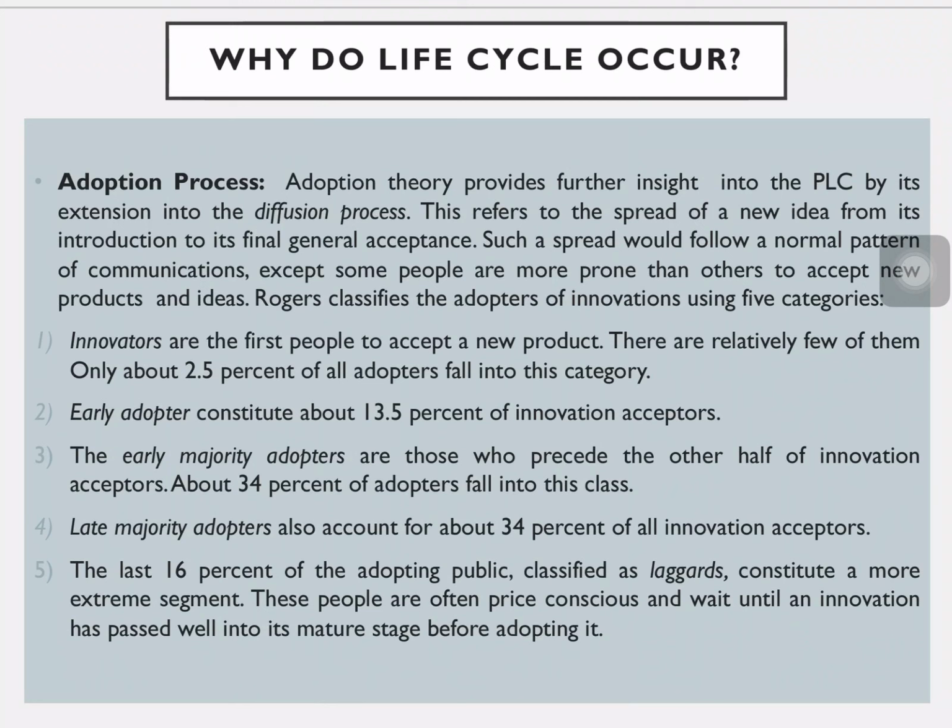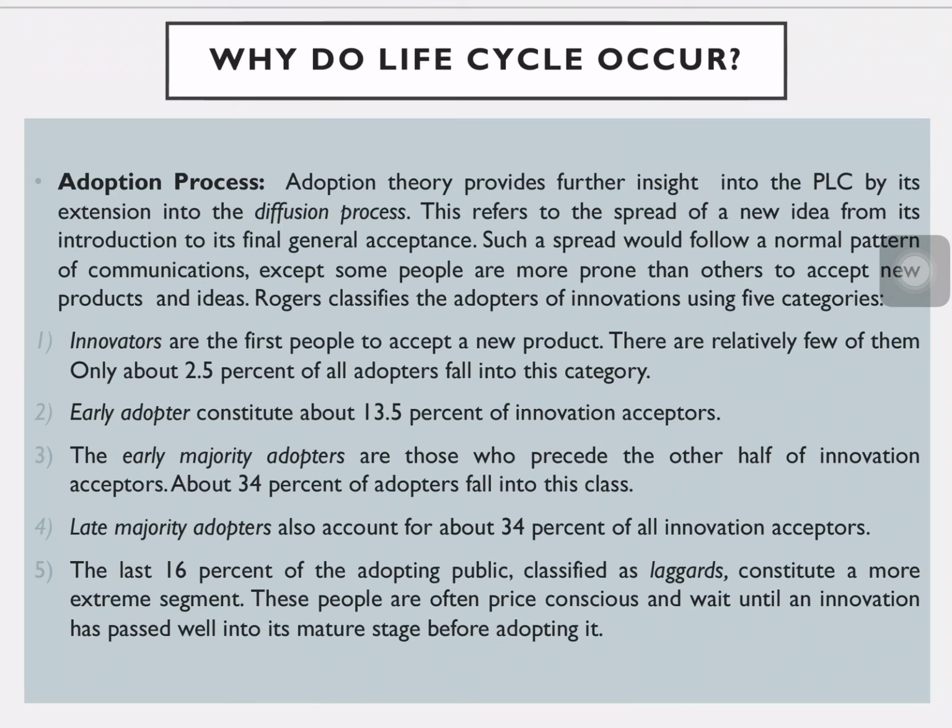Innovators are the first people to accept a new innovation or a new product coming into the market. The proportion is relatively very small. According to Rogers' theory, only 2.5% of all adopters fall into this category. It means suppose a new product is launched into the market.